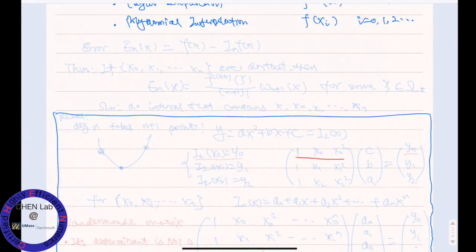So the error E_n(x) is the difference f(x) minus I_n f(x).